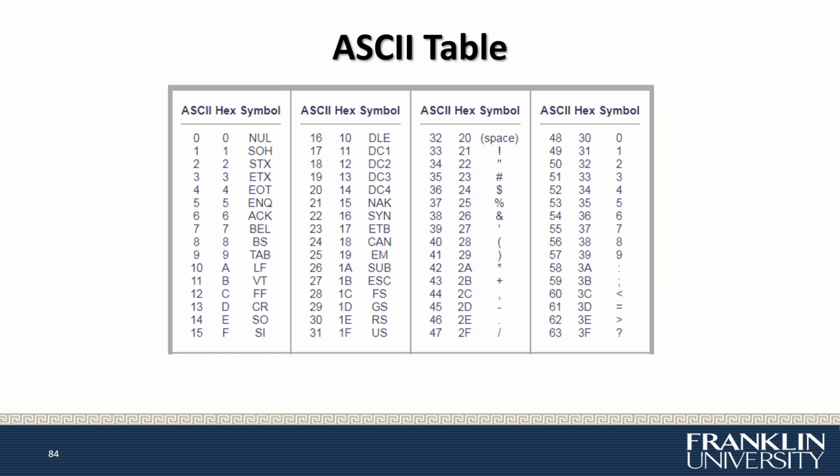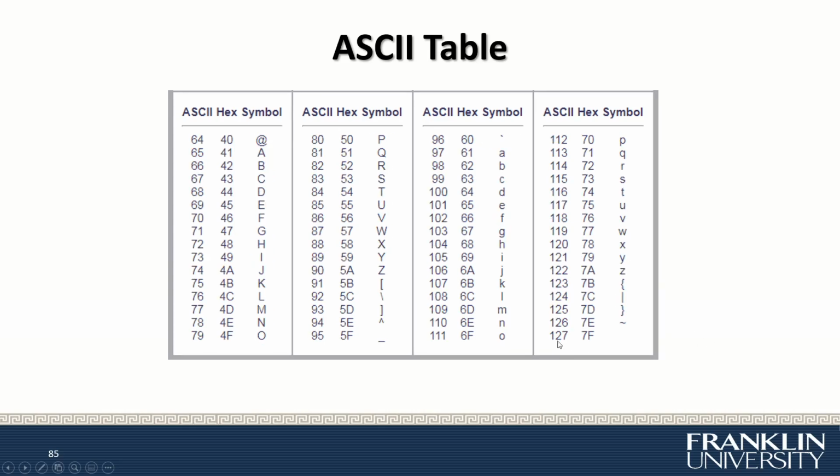ASCII is 7-bit, and with 7 bits there are 128 different characters, going from 0 all the way to 127. You can see that uppercase A has an ASCII value of 65, and lowercase a has an ASCII value of 97.